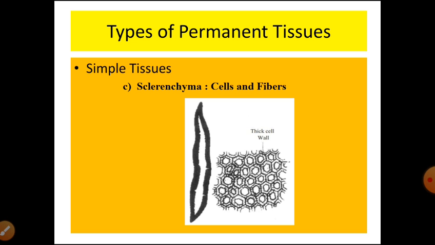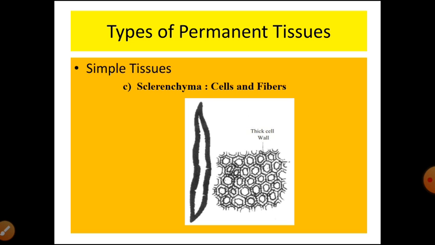The globular sclereids give hardness to the tissues where they are present. For example, the hardness of the covering of many fruits is due to sclereid cells.